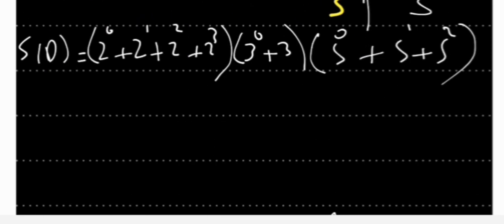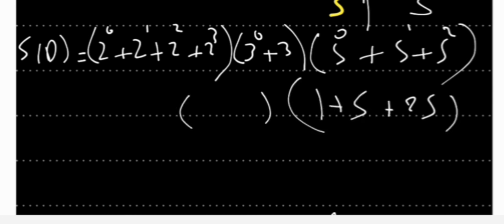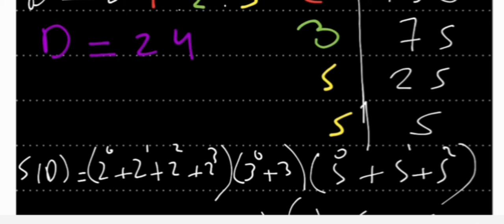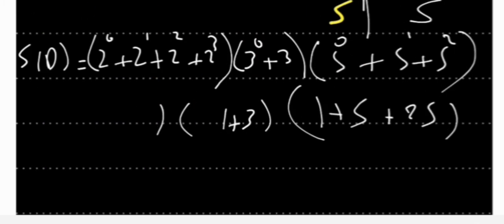Okay, so 5 squared is 25 plus 5 plus 1 multiplied by 3 plus 1, and multiplied by 2 to the 0 is 1 plus 2 plus 4 plus 8. This 8 is 2 cubed, okay?